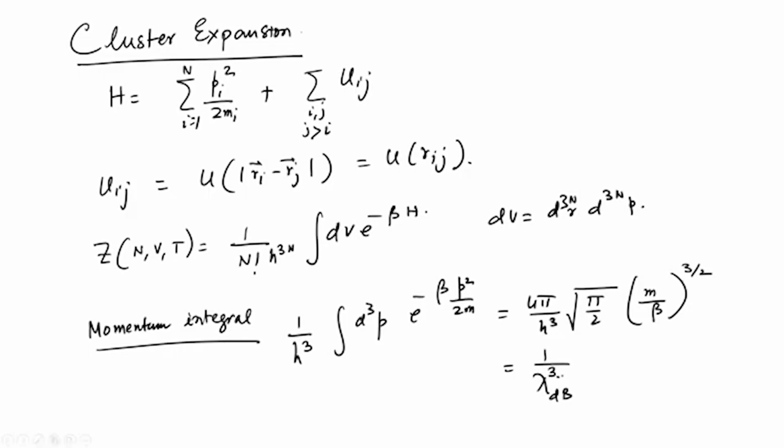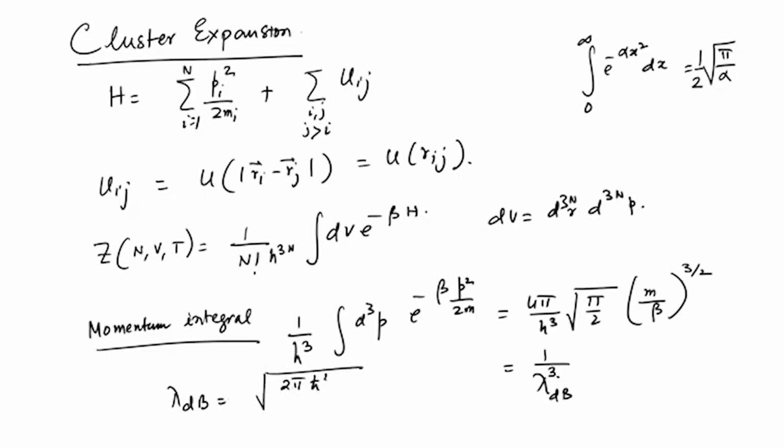That is the thermal de Broglie wavelength, and what we have used here is that the integral of e to the power minus alpha x squared dx from minus infinity to plus infinity is root over pi by alpha, and because this integral is not from minus infinity to plus infinity, but from 0 to infinity, we bring in a factor of half. This is all that has been done here. The lambda de Broglie wavelength, just to remind you, has this form: it is root of 2 pi h cross squared by m k T, or you can write it in terms of simply h, not h cross.